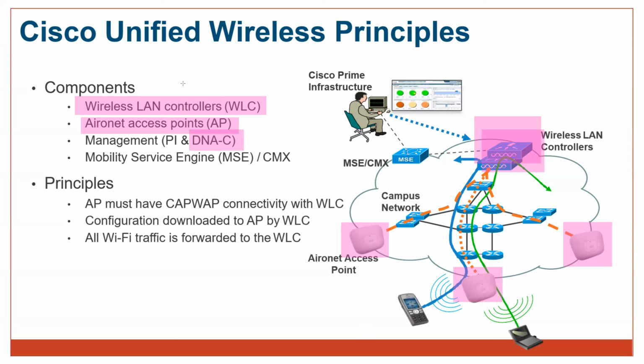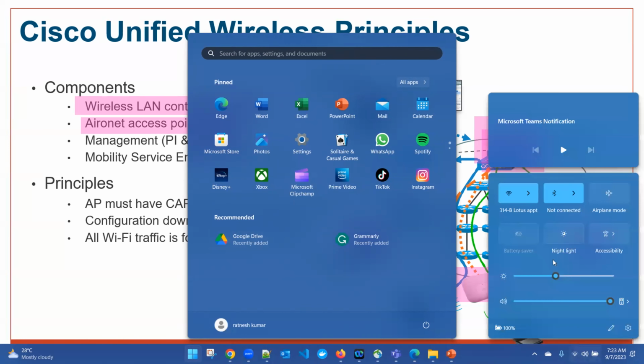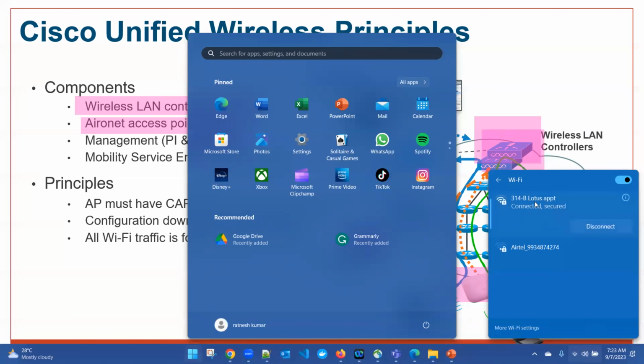Maybe you don't know about this SSID, but every day we are using some sort of SSID. Now if I open my laptop, you can see this wireless connection is there. If I click here, you can see one SSID. This SSID is nothing but the wireless network.